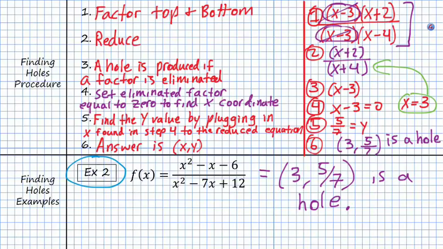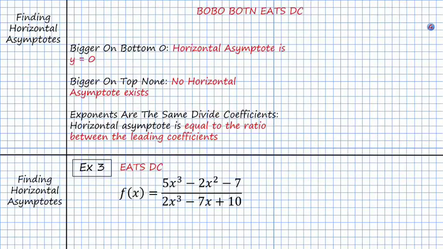Finally, we're going to talk about horizontal asymptotes. So horizontal asymptotes, as we defined, are those horizontal lines which a graph will approach but never quite touch. And there are 3 different conditions for horizontal asymptotes. So for horizontal asymptotes, luckily, all we have to focus on is the very first term in the polynomial.